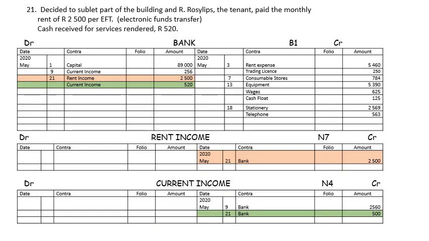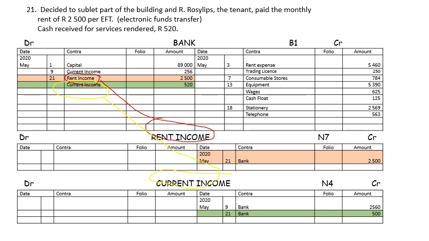On the 21st, we are subletting part of our building. So we are receiving money, rent income. We need an account for rent income. And then current income, we are receiving money for current income. Other account concerned will be current income.